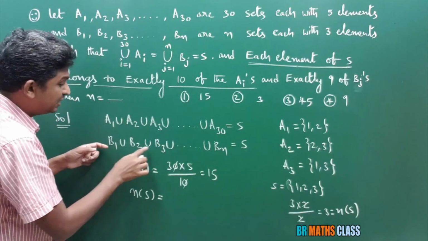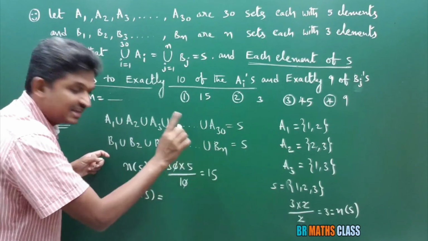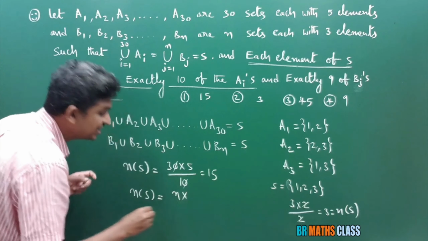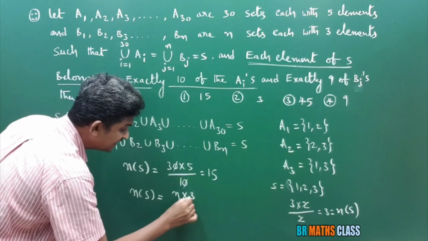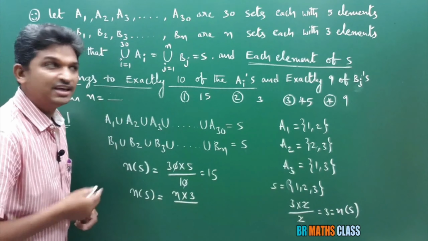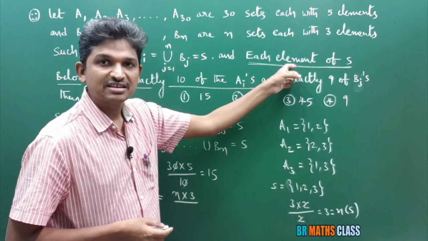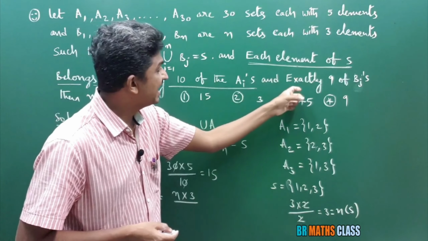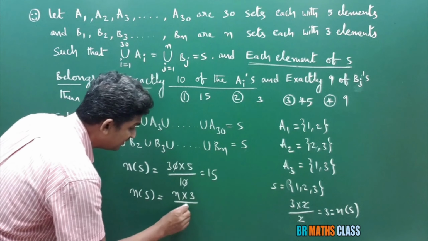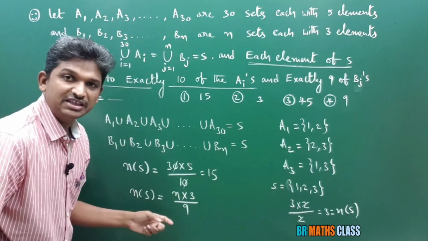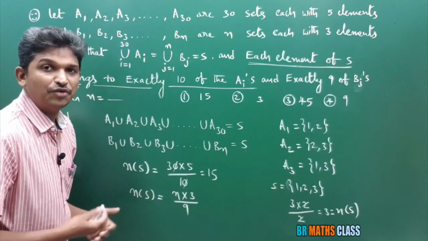Here, in total how many sets are there? n sets. Each set consists of 3 elements. So n into 3, divided by, each element of S belongs to exactly 9 of the B's, that means divide by 9. That gives the number of elements in S. That is the formula.